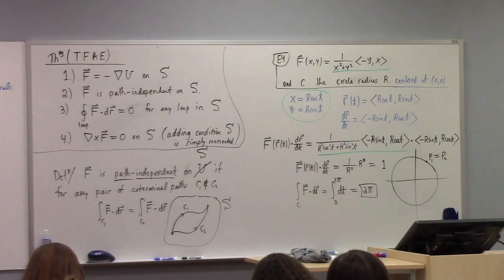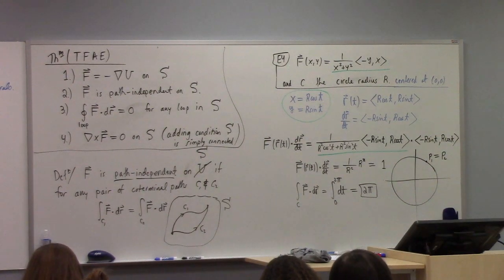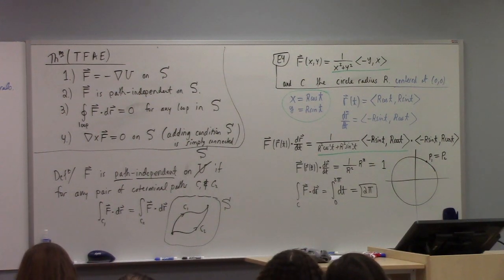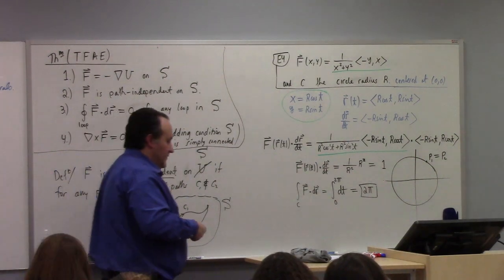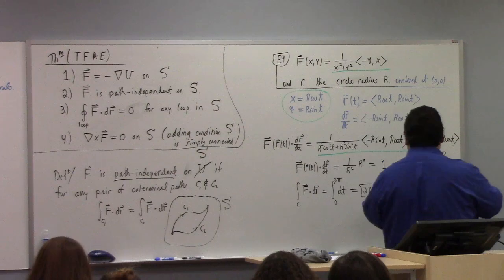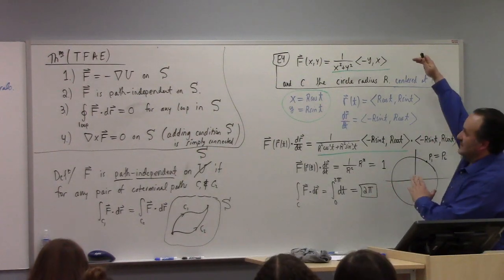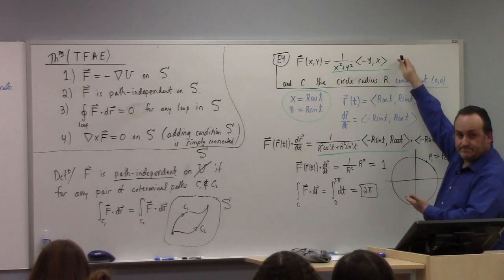You get U of P2 minus U of P1. The change of potential energy would be 0 because it's the same point starting and ending. Yet we just calculated that the work done by that vector field around the circle is 2 pi. So because of this, this is not a conservative vector field.